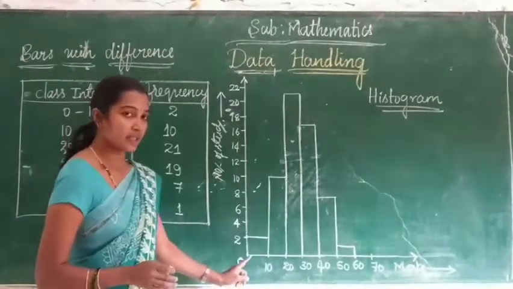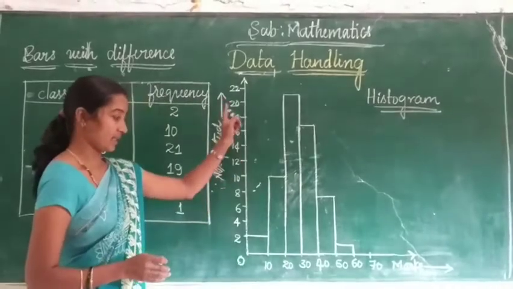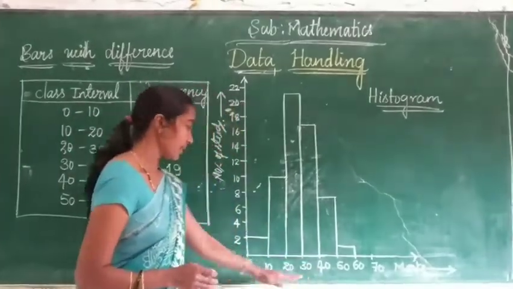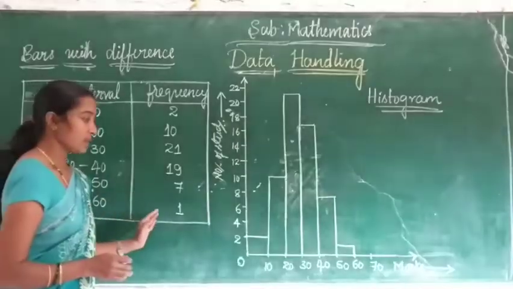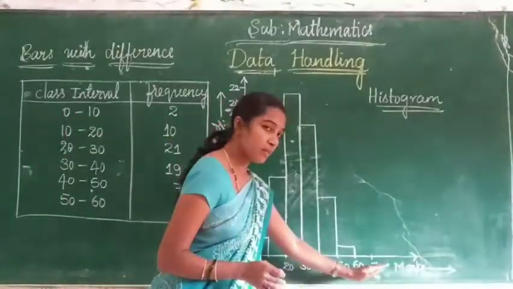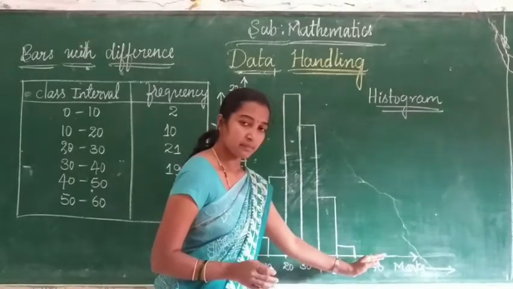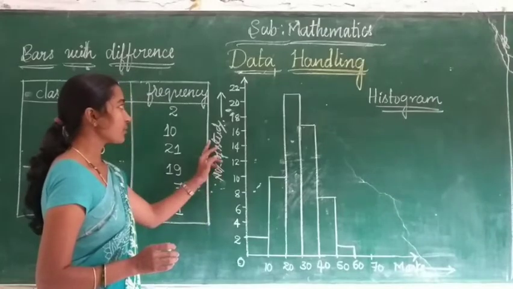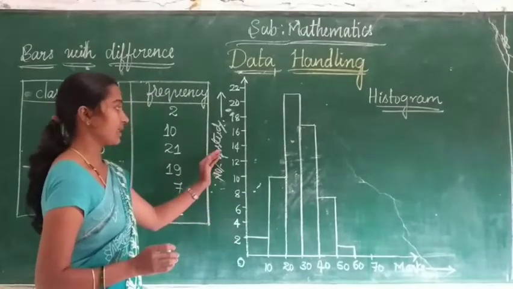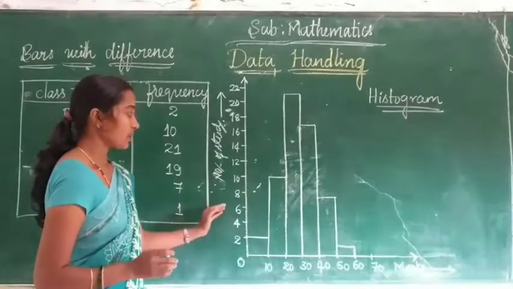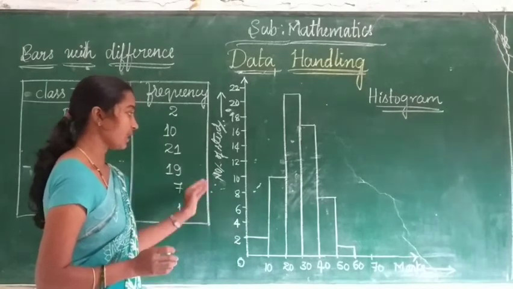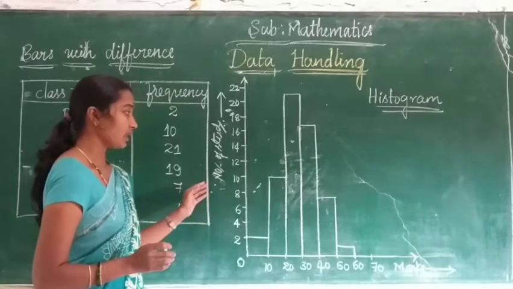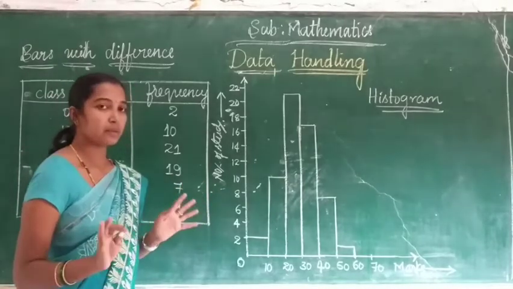This graph contains an x-axis and a y-axis. In the x-axis, let us take the class intervals. Class intervals are nothing but the marks obtained by the students. And in the y-axis, the number of students is taken; it shows how many students obtained the respective marks.